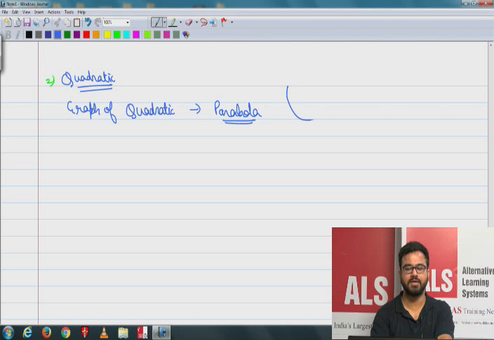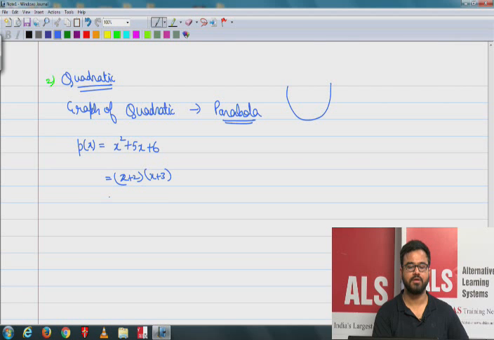Parabola is basically a U-shaped graph. Let's say we have a polynomial p(x) is equal to x square plus 5x plus 6. In the earlier example also we took this, and when we were solving it, we got the factors x plus 2 and x plus 3. So here you will get x is equal to minus 2 and minus 3. Those are called the zeros of this one.